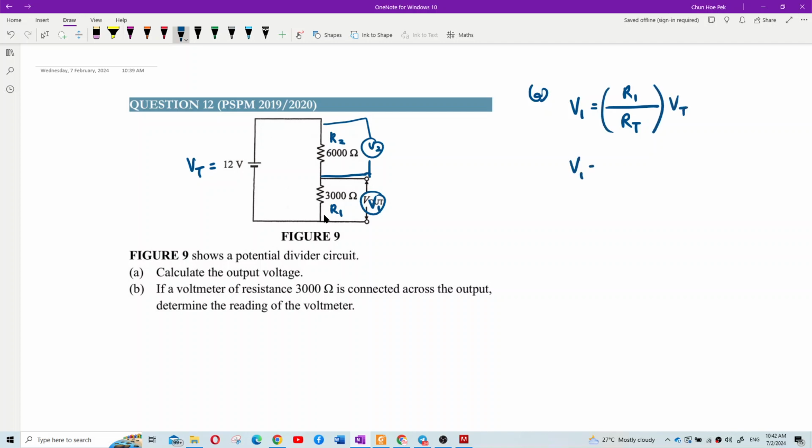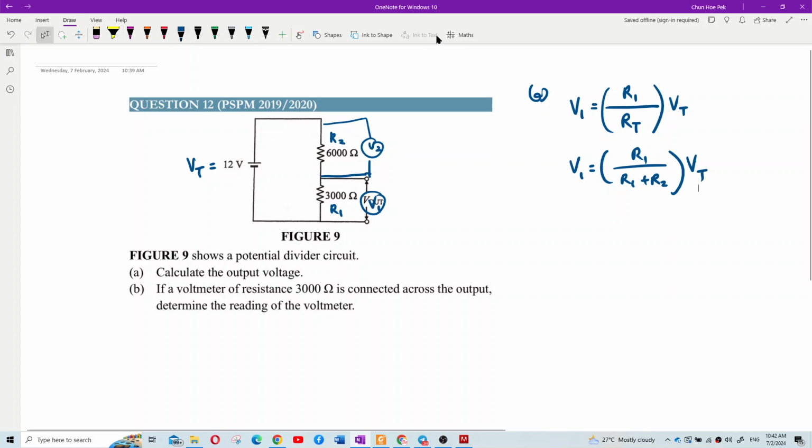Or we can write it as R1 over R1 plus R2, because they are in series. If resistors are in series, we add them up. So in fact, the whole thing is R total, but we just want the voltage for R1 only, so you just put R1 and find the voltage for R1.